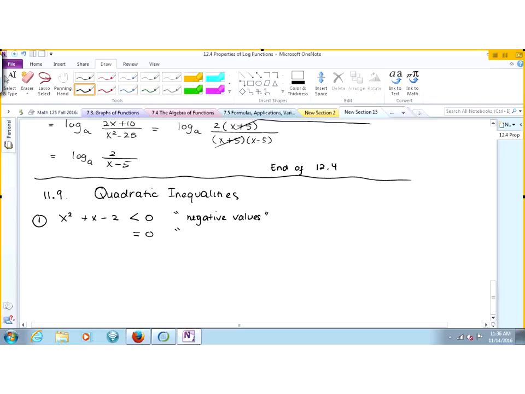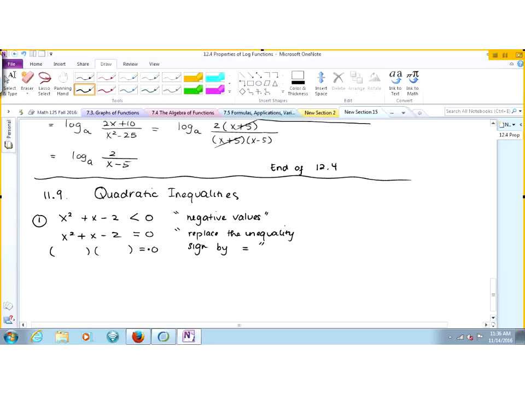Then what you want to do is solve this. Replace the inequality sign by an equal sign, something like this, and then solve. So x squared plus x minus 2 is 0.